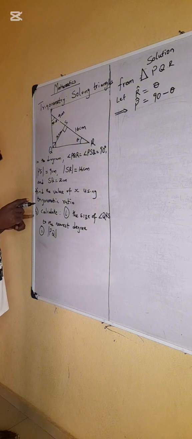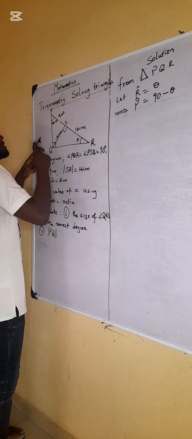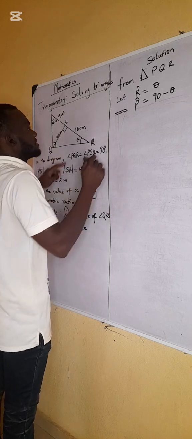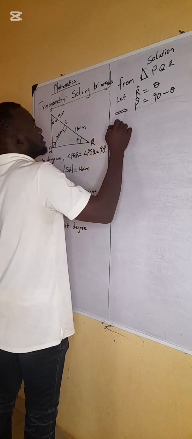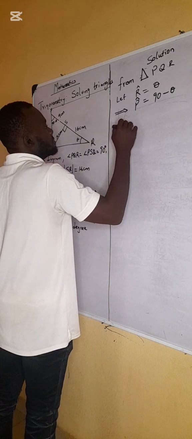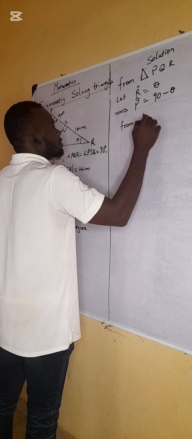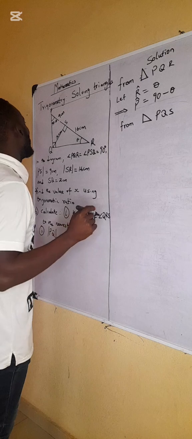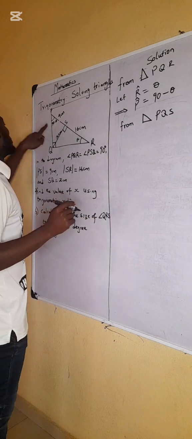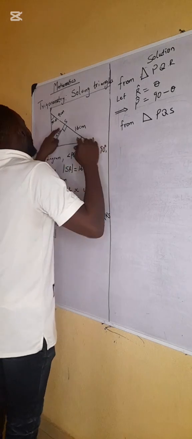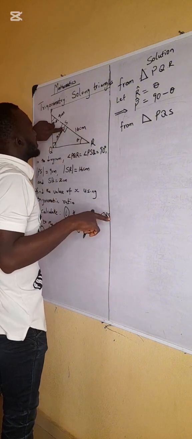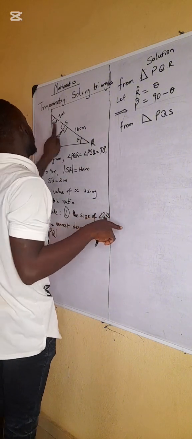With that idea, if you consider triangle PQS, it is also a right angle triangle, and the angle at S is the right angle. From the sum of angles on a straight line, here is 90, so automatically here is also 90.